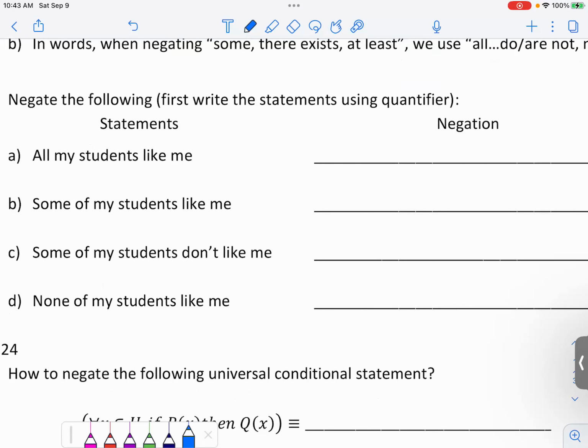Okay, let's try. All my students like me, I hope. So to demonstrate what I meant, I'll write this in symbolic form. All means for all, right? For all students x.